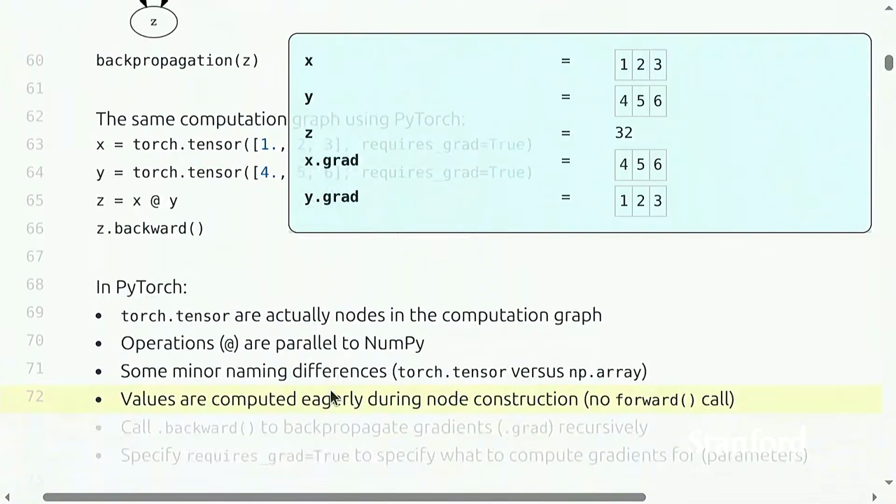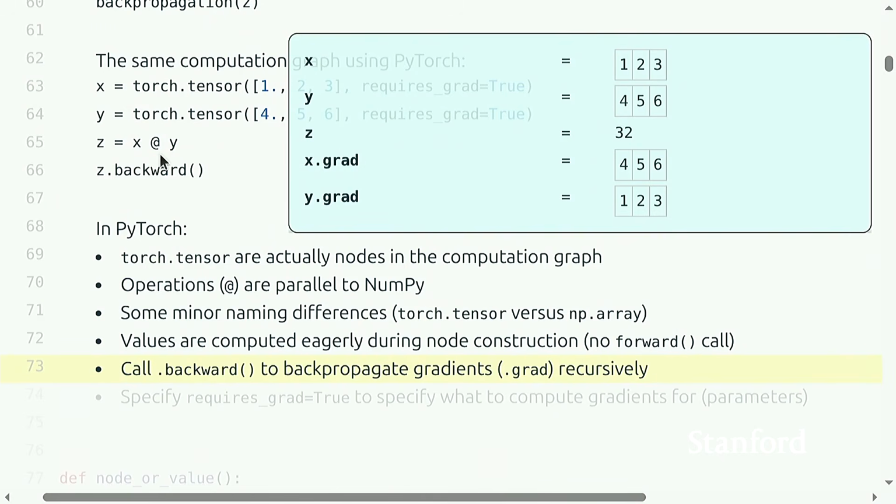And in some other frameworks, this is actually useful because you can construct a graph and have a compiler that manipulates it and makes it more efficient before you actually operate on it. But that's for another day.